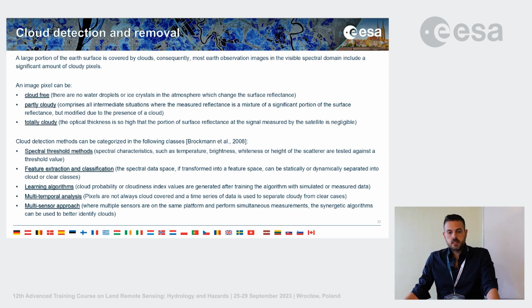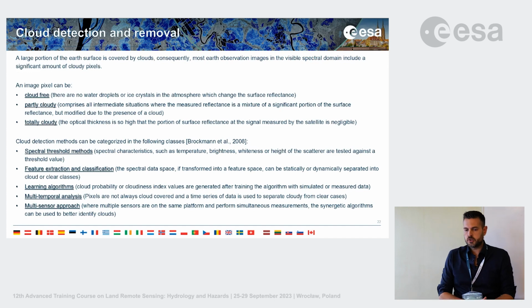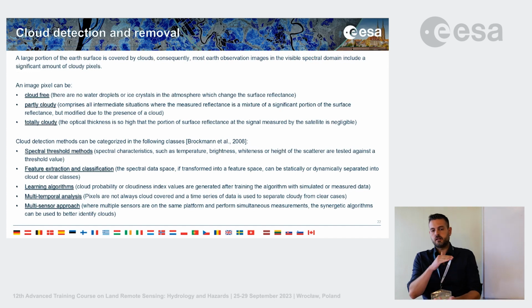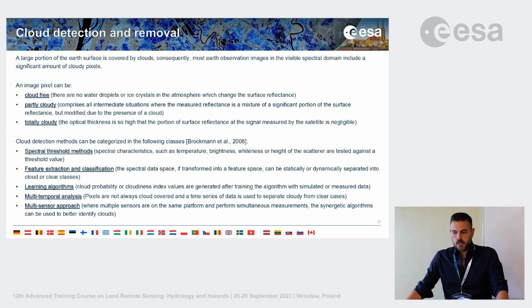So an image pixel can be cloud-free, partially cloudy, or totally cloudy. The cloud detection methods can be distinguished by the following classes. Spectral threshold methods: you can define a threshold value, and after you can test the spectral characteristics of the image, like temperature, brightness, whiteness, or height of the scatter, against this threshold value.